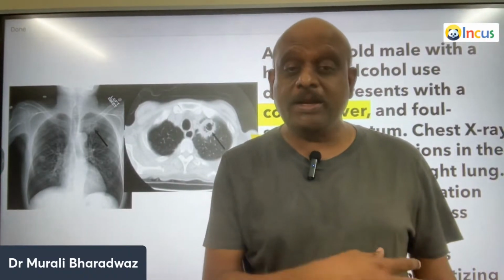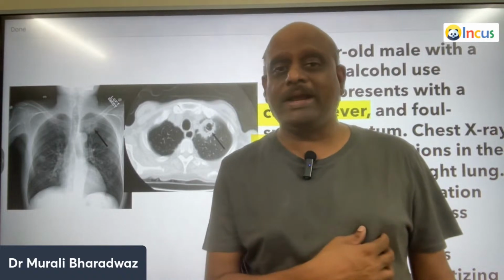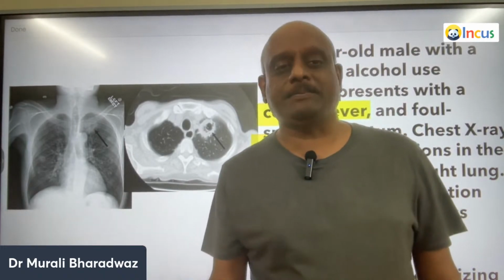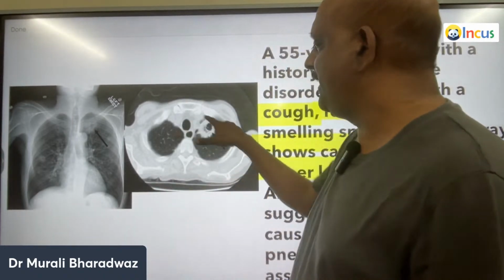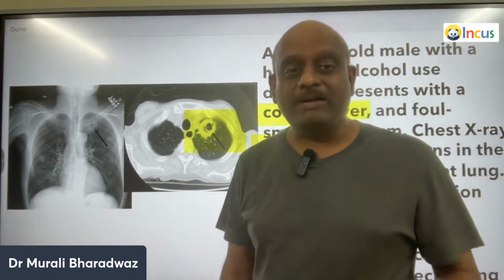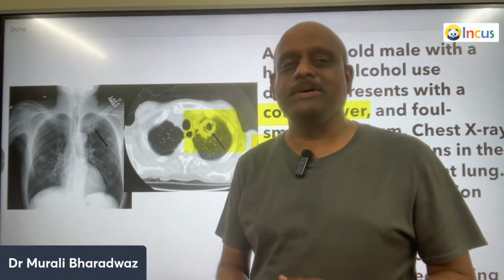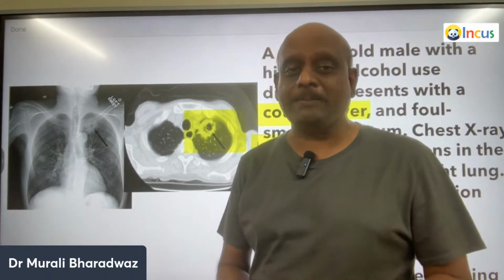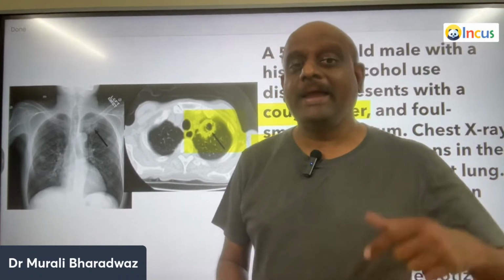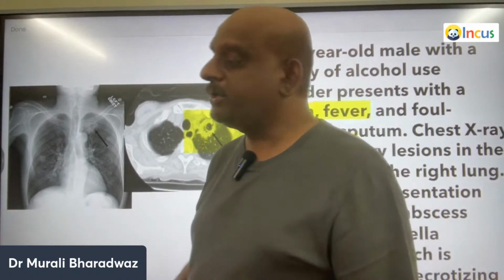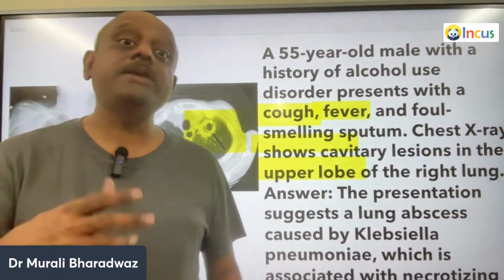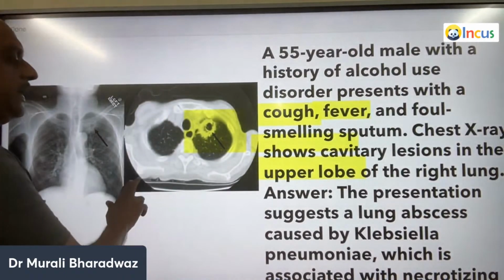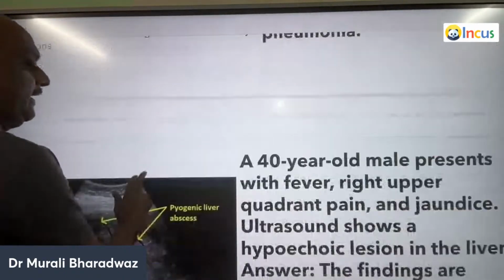And whenever there is an aspiration, the aspiration pneumonia can turn into a cavitating abscess. So this is how you can find the presence of a cavitating right upper lobe abscess in the case of an alcoholic individual, which is typically caused by the Klebsiella, is what you need to remember in tomorrow's USMLE.